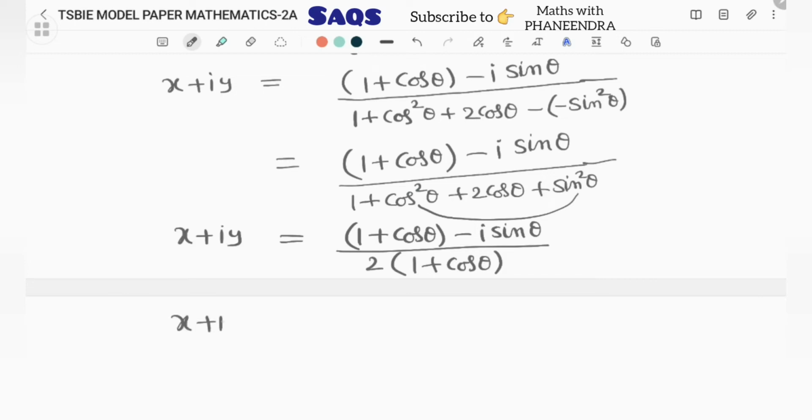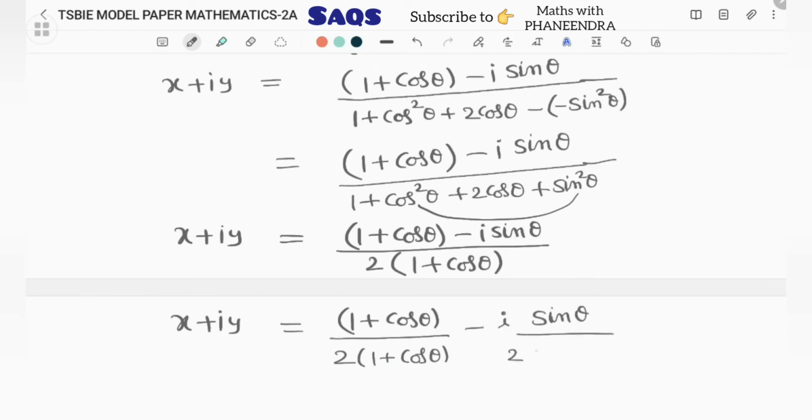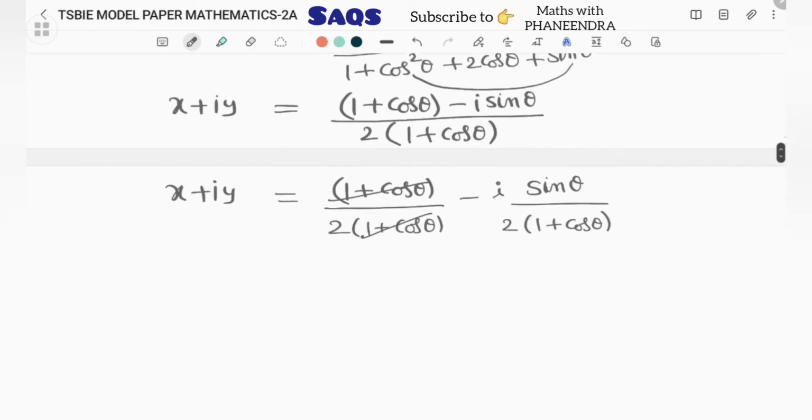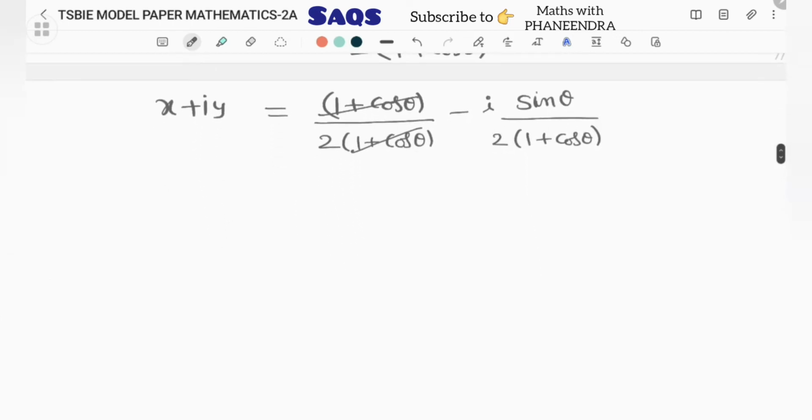Now x plus iy is equal to, now this complex number in RHS we have to simplify. 1 plus cos theta divided by 2 into 1 plus cos theta minus i into sin theta divided by 2 into 1 plus cos theta. According to the result, you can go, dear students.